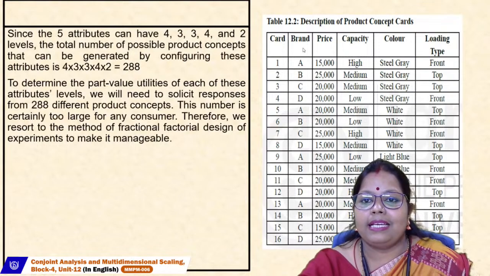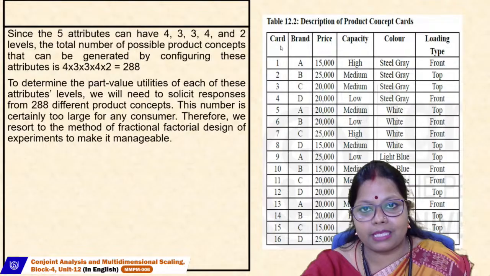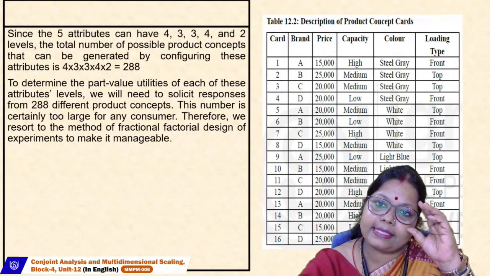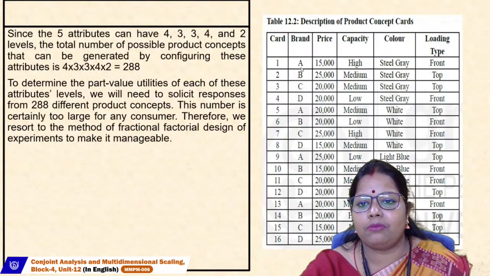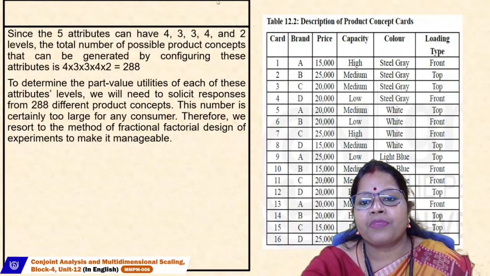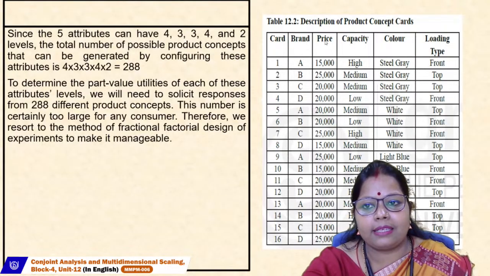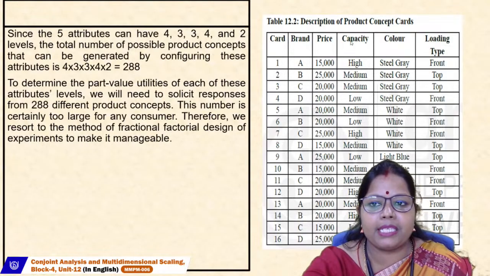Now we can see how many cards there are. The first column contains cards, and it contains 16 cards. And if we go to the brand, we have mentioned how many brands we have. Basically, in the 12.1 table, we have only 4 brands, that is A, B, C, D. Price was another attribute, so prices for different brands we have mentioned.